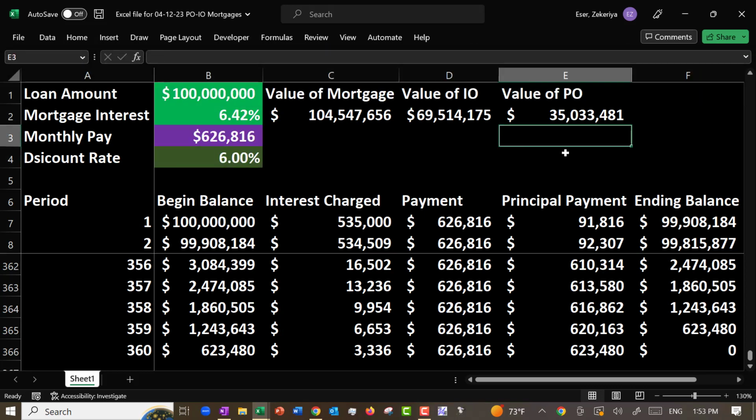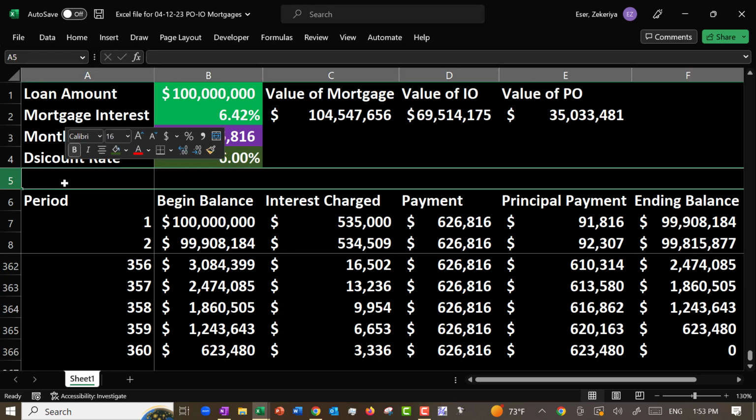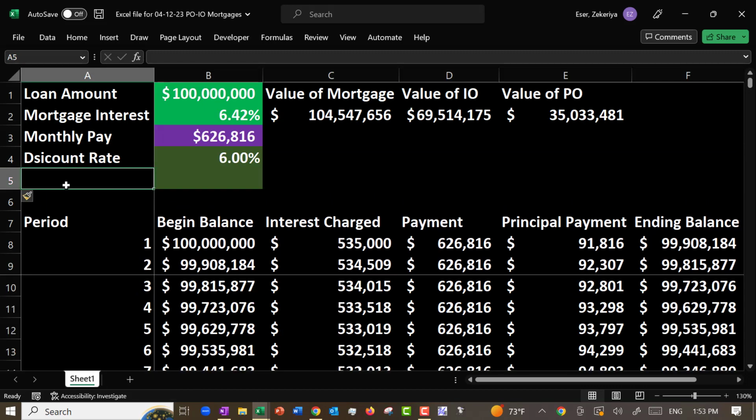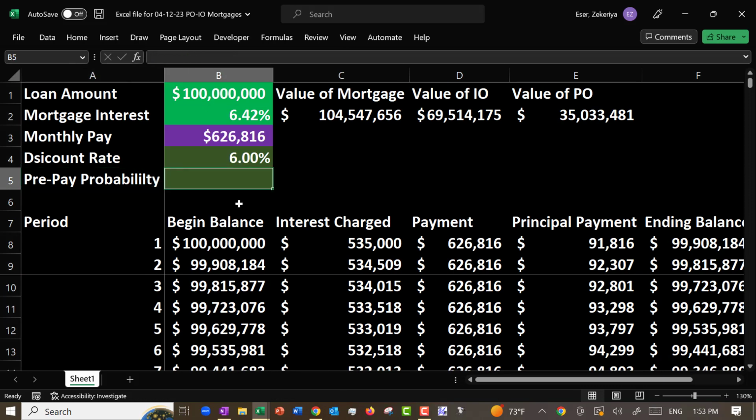The problem is with the prepayment. Okay. Let's add another line here. At a given month, what is the percentage of, and what's the probability that a given mortgage is going to be prepaid?